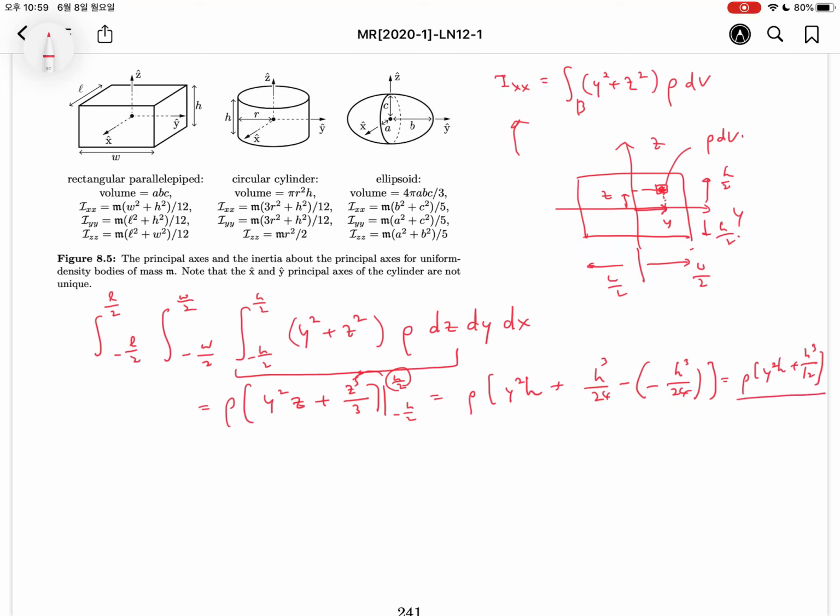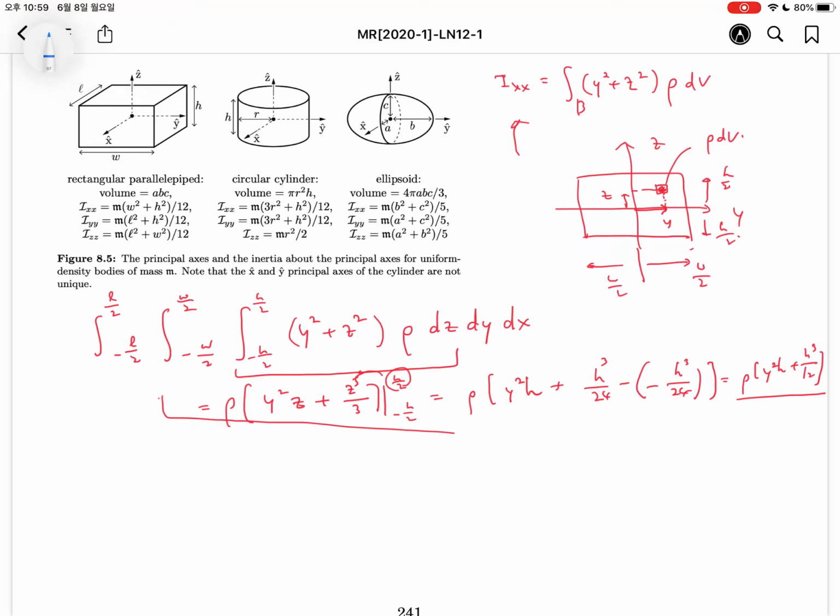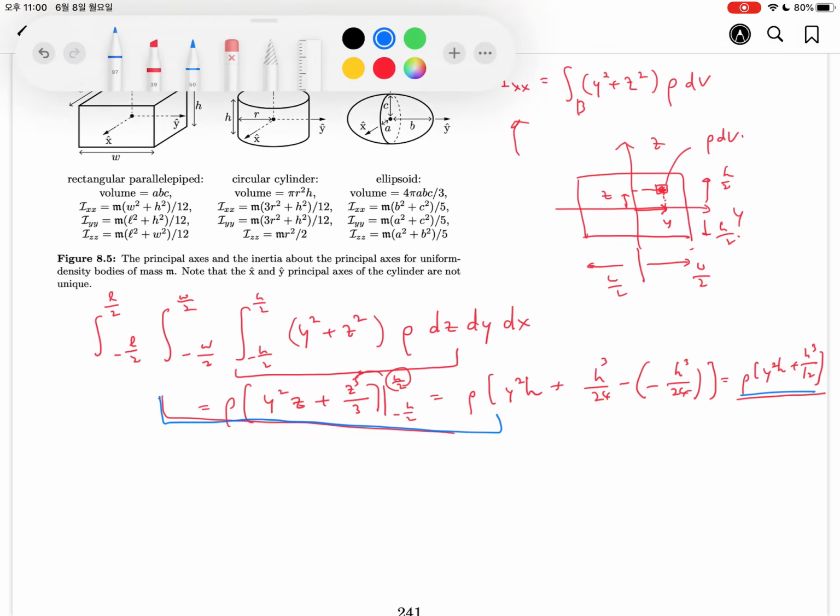Let me change the color from here to here, in the viewpoint of the y. This should be integrated from minus w over 2 to w over 2.